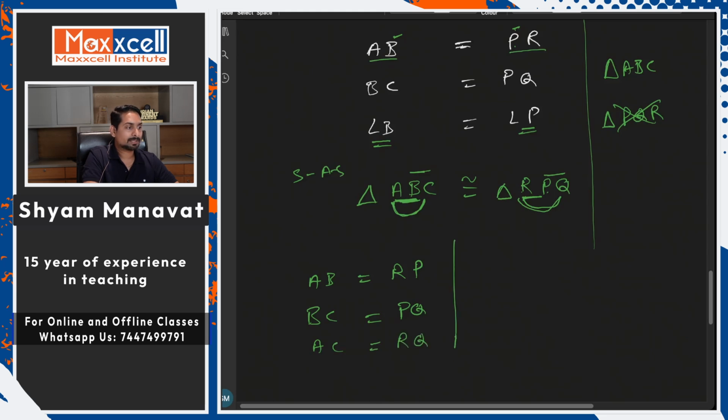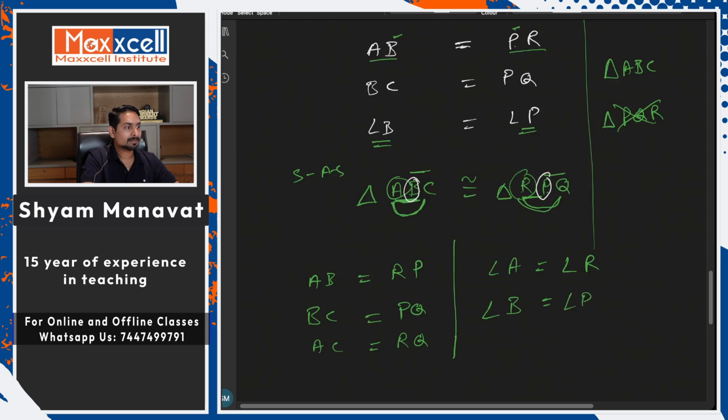Tell me the angles, what will the angles be? If I take angle A here, then the corresponding angle for A is angle R, and if I take angle B here, then the corresponding for B is P. So I'll write P here, right?